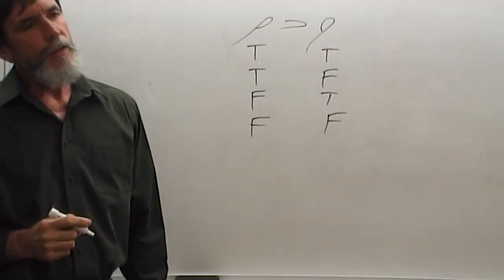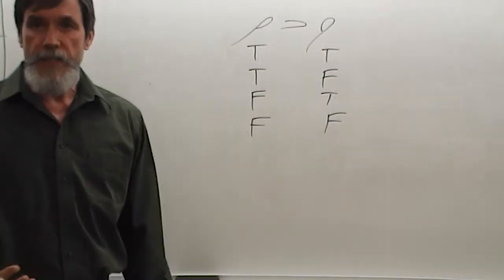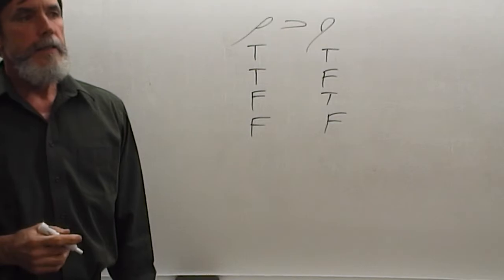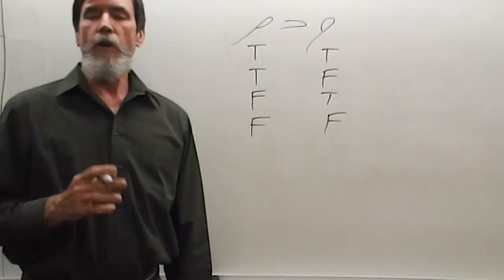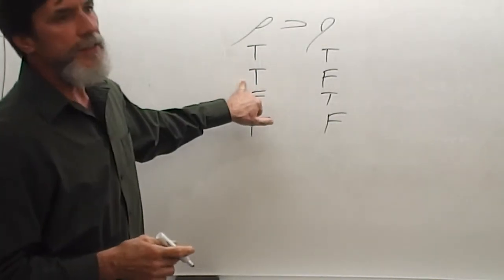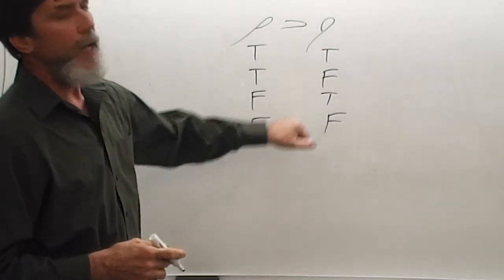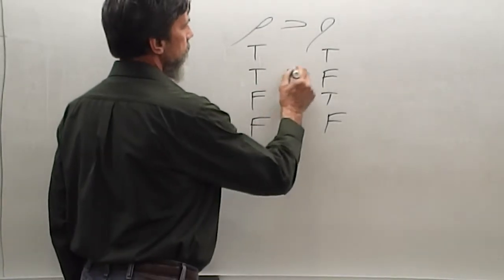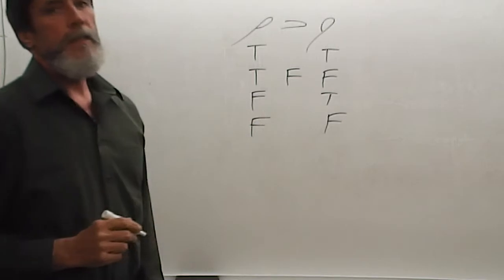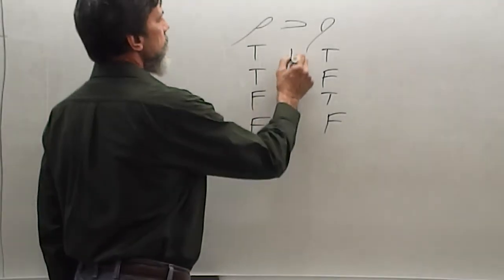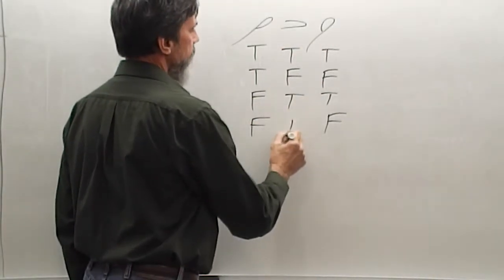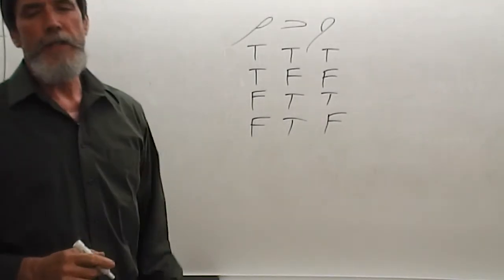By definition, the horseshoe, or in other words, a conditional statement, is only false when the antecedent is true and the consequent is false. In every other case, that's a true horseshoe, or in other words, a true conditional statement.